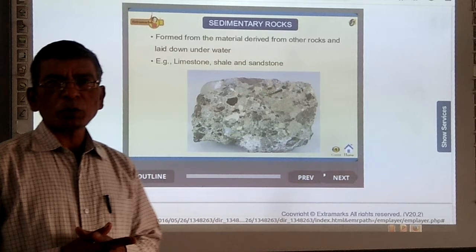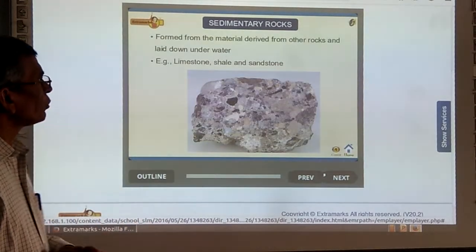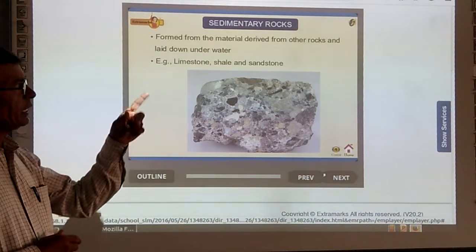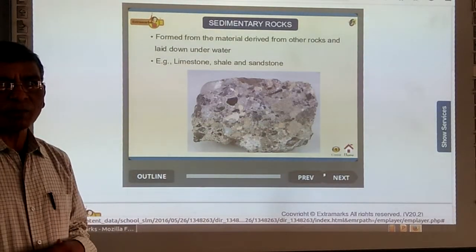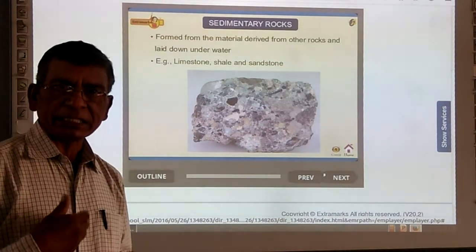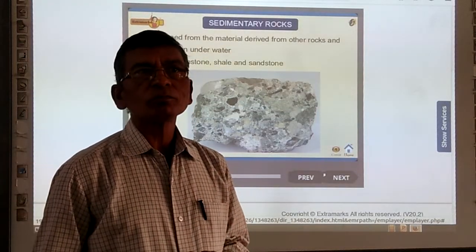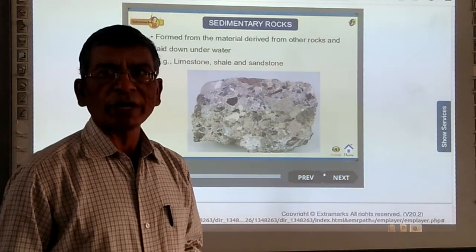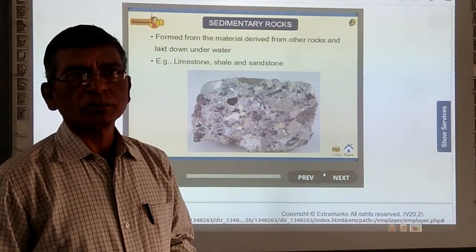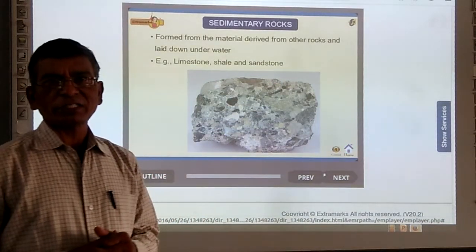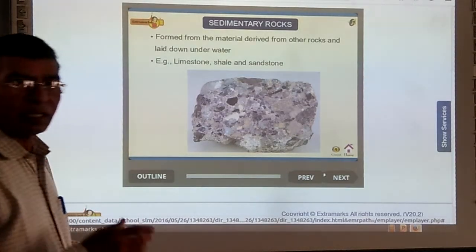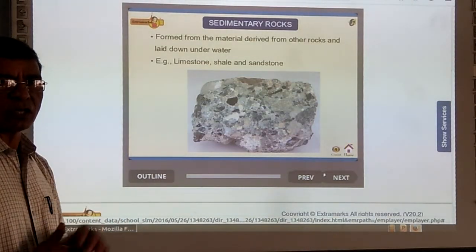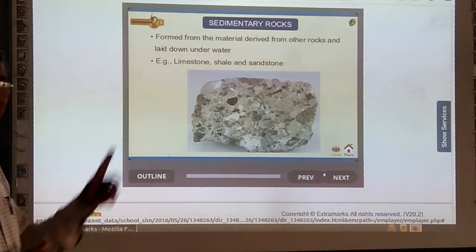These are made of lighter particles, which can be broken down by agents of erosion.